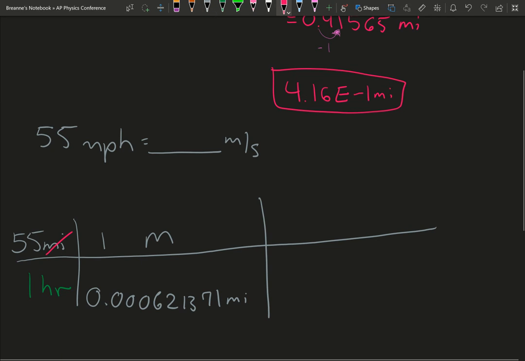So that causes our miles to cancel, and we want meters, so we're there. We're good. Now we need to get our hours to seconds. Well, hours is on bottom, so hours is going to go on top. I know that for 1 hour, it's 60 minutes.